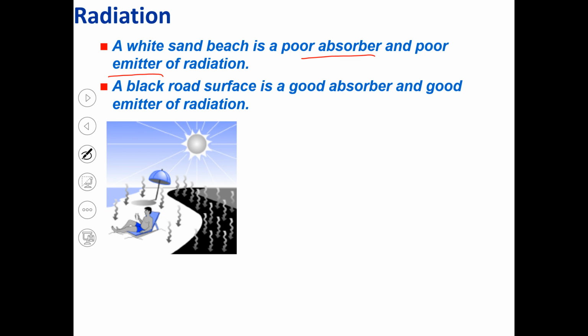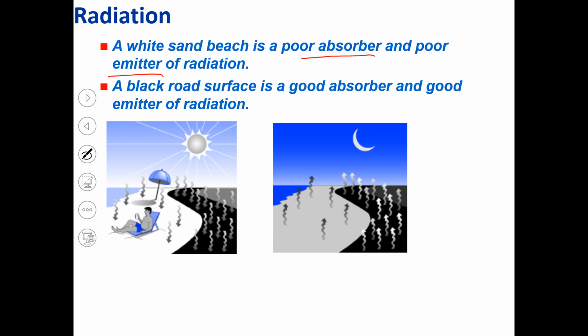A black surface is a good absorber because it takes in all colors, and a good emitter of radiation. They do not mostly reflect. When they take in heat, the temperature will increase more.